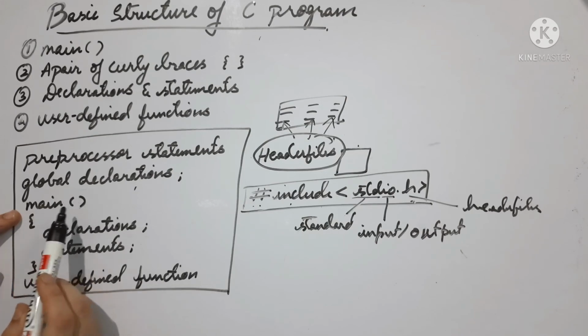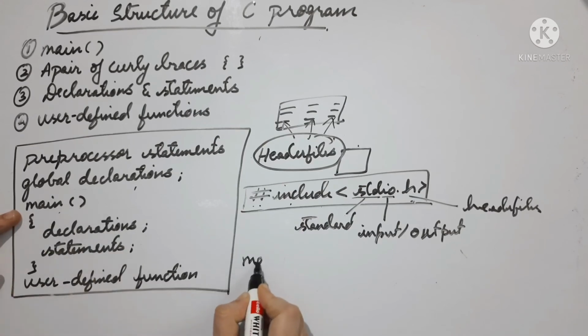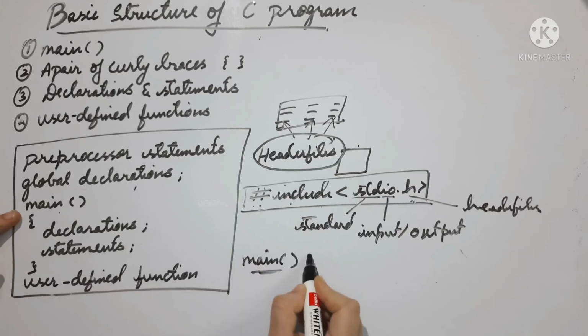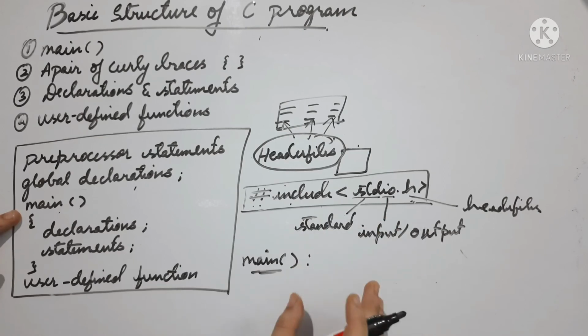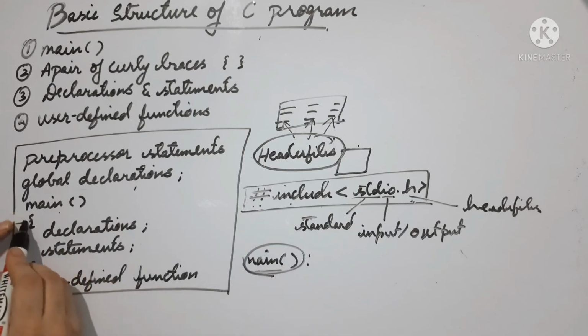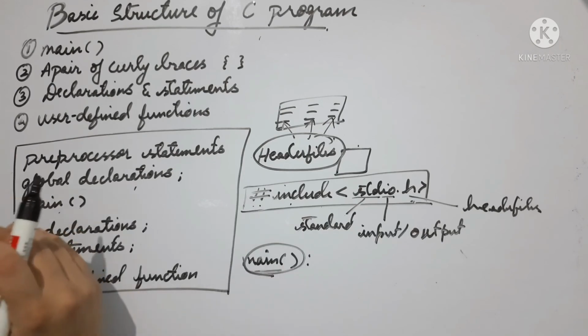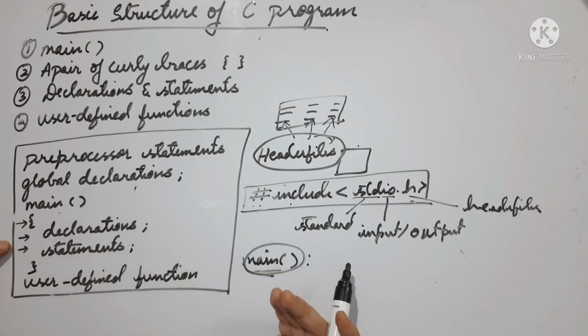This is the main function from where your program execution will start. The computer understands that my C program's execution will begin from this. The compiler will take all the code line by line and start executing. That is why we make use of the main function.